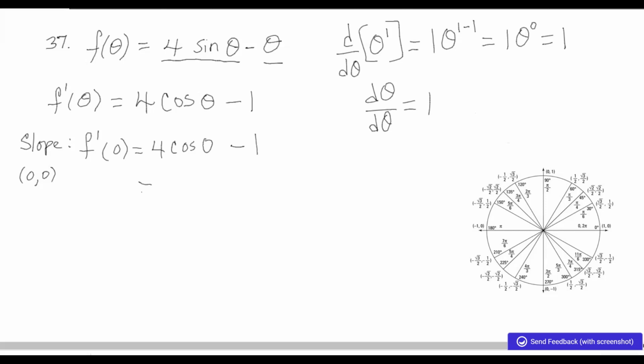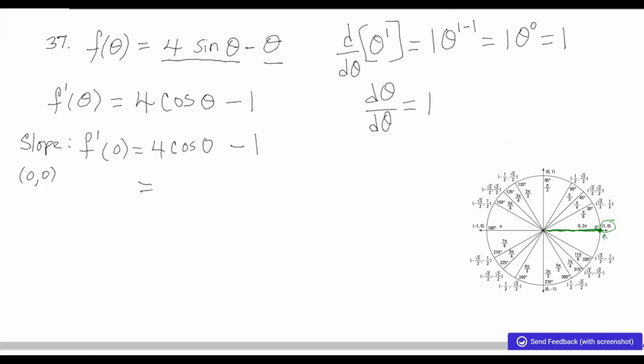Well, we need to remember what the cosine of 0 is. I have in the corner here a picture of the unit circle. And 0 is right here. That's where we have 0. On the unit circle, the point that's associated with 0 is 1, 0.